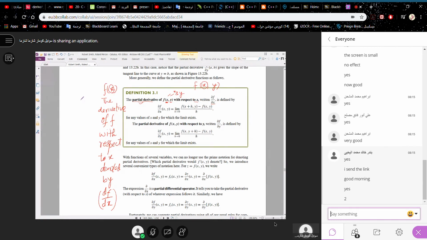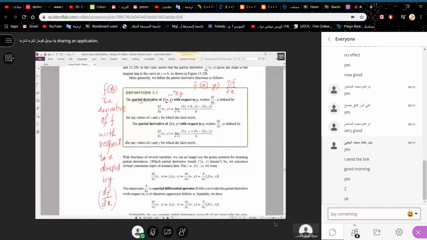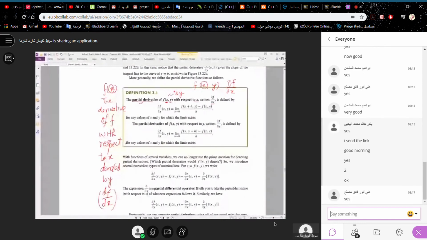So this is called the partial derivative of f with respect to x and denoted with this symbol, del f upon del x. This is the partial derivative of f with respect to x. Okay? Everyone understand? Good. Great.